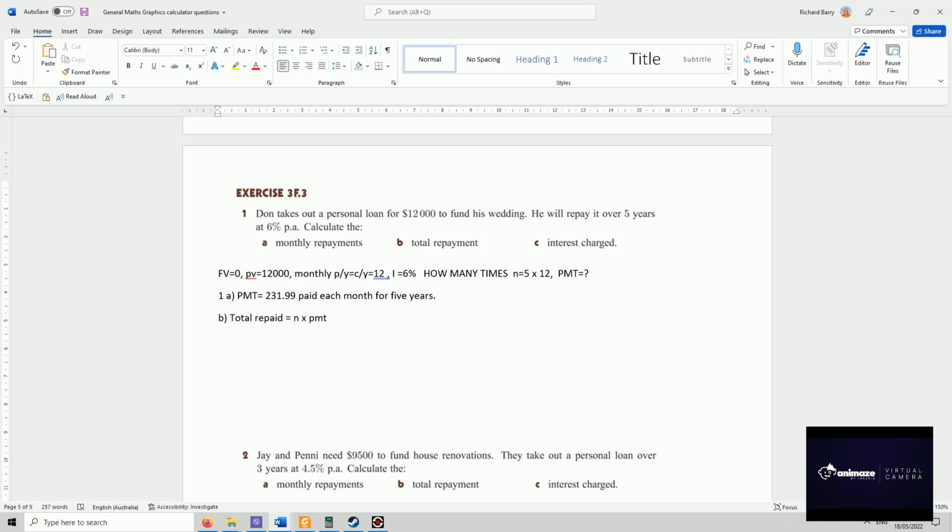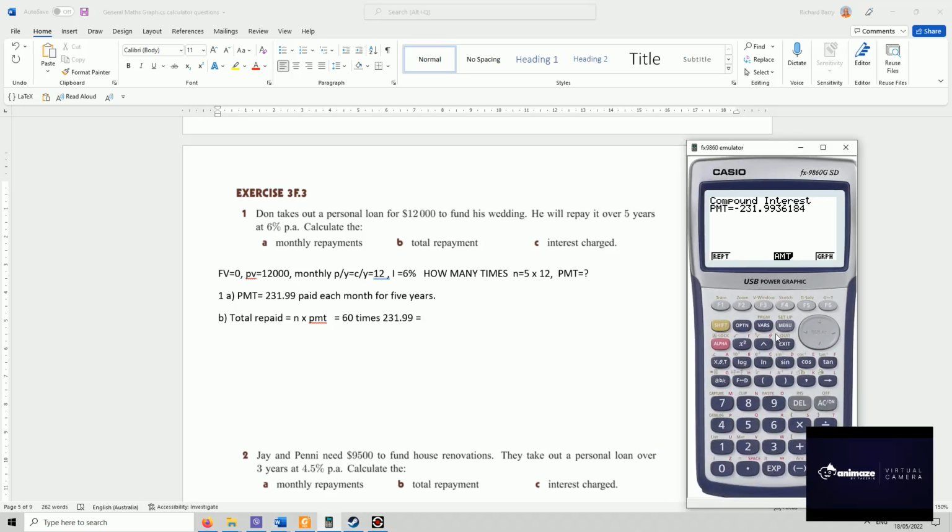So this should be what appears on your formula sheet. So in my problem, that is 60, 5 times 12, times 231.99. Now we already know and expect that this will be more than 12,000.